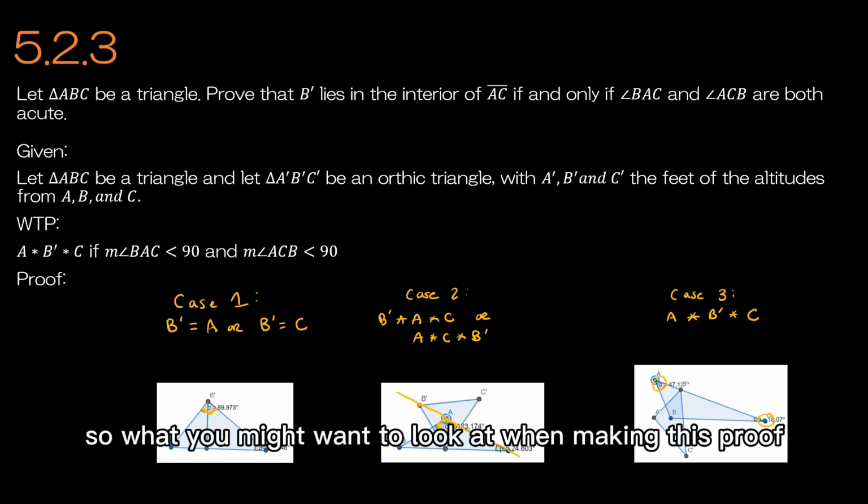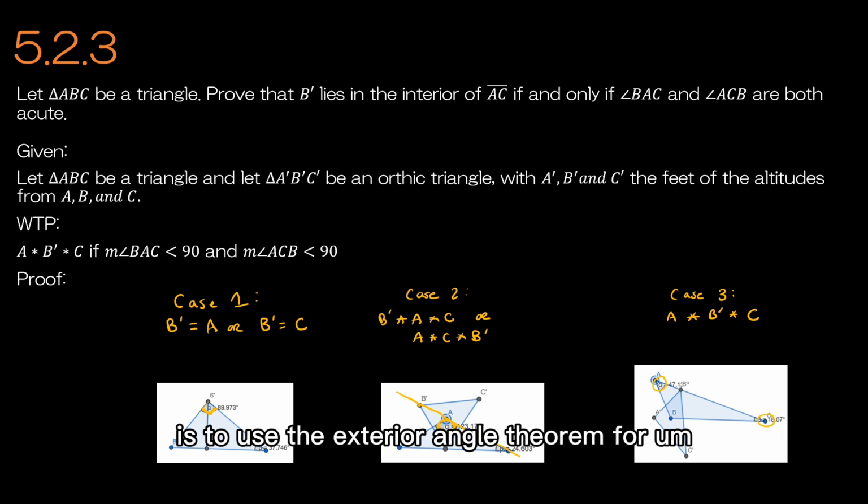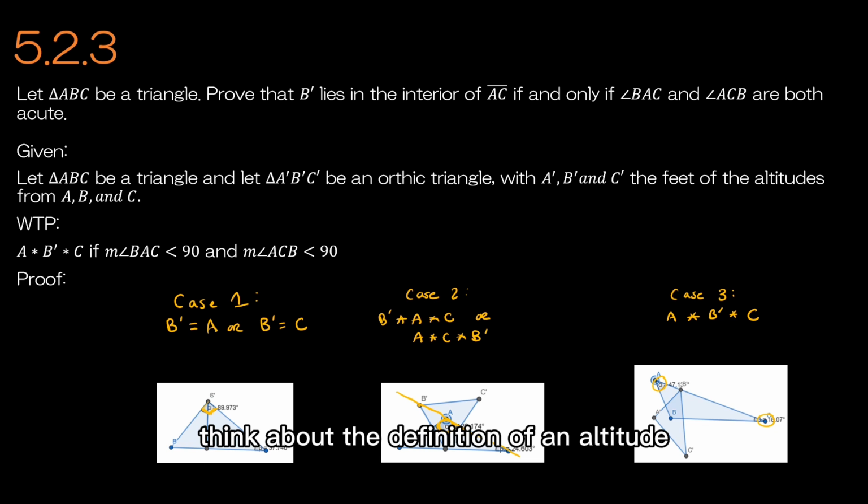So what you might want to look at when making this proof, and this is your last hint, is to use the exterior angle theorem for case 2 and case 3, and for case 1, think about the definition of an altitude.